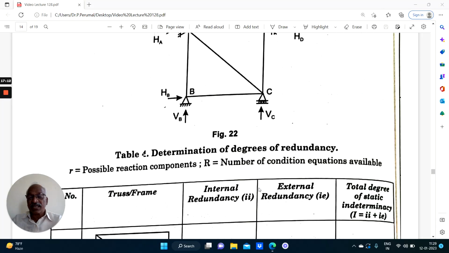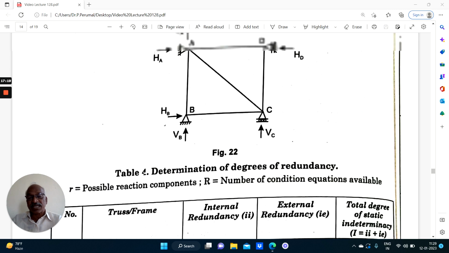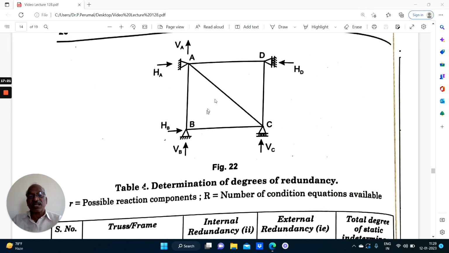So externally, capital R is the number of possible reaction components, in this case 6, and small r, the number of condition equations available, is only 3. Therefore, 6 minus 3 equal to 3 is the degree of external redundancy.